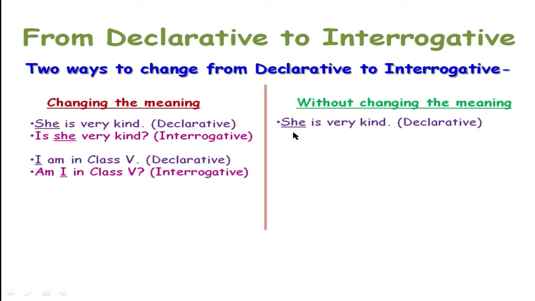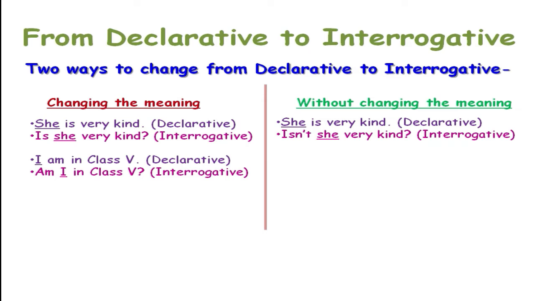So this becomes, she is not very kind. Now after making it negative sentence, change that negative sentence into interrogative sentence. So it will become, isn't she very kind? I hope it is clear.